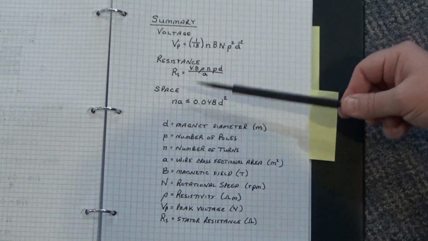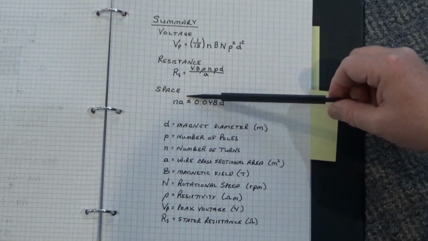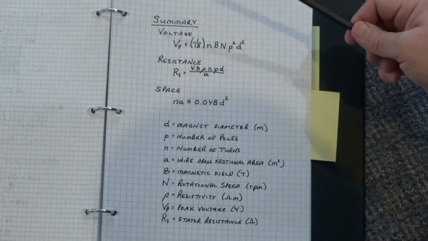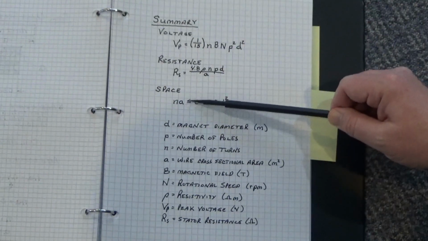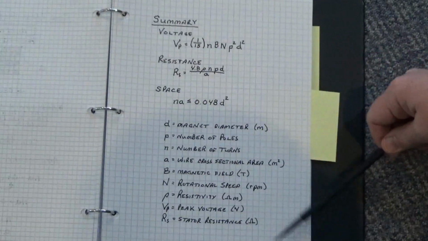And in this design, I'm going to assume that we're going to want to maximize the amount of copper we've got in here because that will give us the most power. So instead of having an inequality, I'm going to assume there's an equality, but we'll see that later.